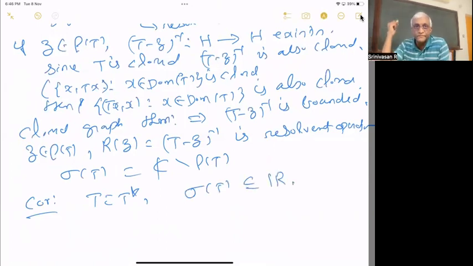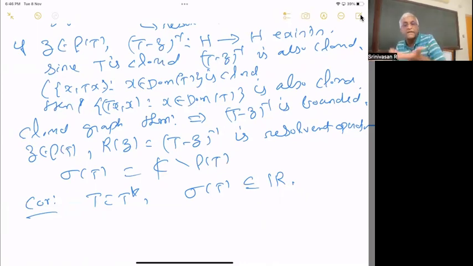The earlier theorem says that if Z has a non-zero imaginary part, then kernel of T minus Z equals range of T star minus Z bar, perpendicular, and kernel of T star minus Z equals range of T minus Z bar, perpendicular.